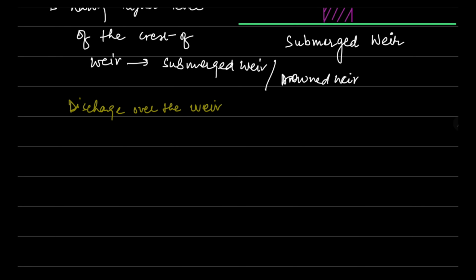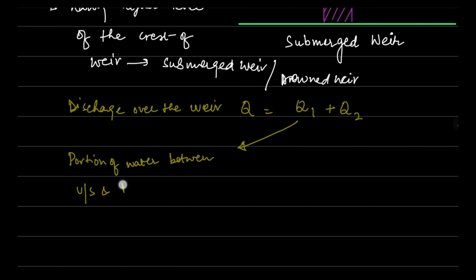The discharge over the weir, Q, is the summation of two discharges, Q1 and Q2. Q1 is the discharge of the portion of water between the upstream and downstream water surface, and this will be treated as a free weir.